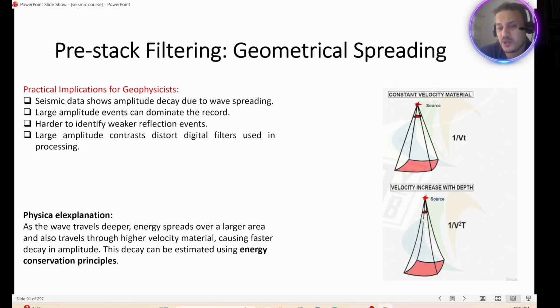So the deeper we go, the lower the amplitude becomes. This decay can be estimated using energy conservation principles, so we apply some type of corrections to enhance the low amplitudes.